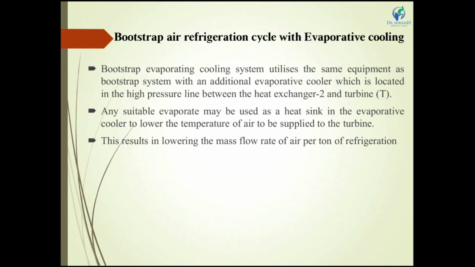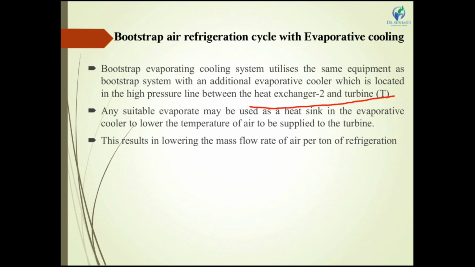Topic 2: bootstrap air refrigeration cycle with evaporative cooling. Here the bootstrap evaporative cooling system utilizes the same equipment as the bootstrap system, with an additional evaporative cooler located in the high pressure section between heat exchanger 2 and the turbine.